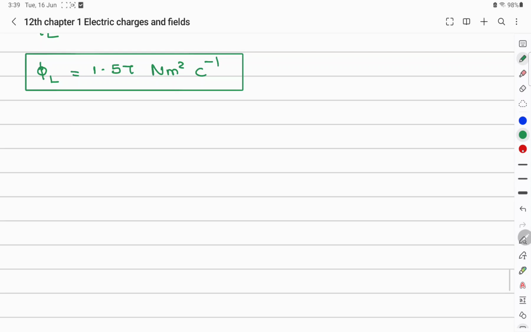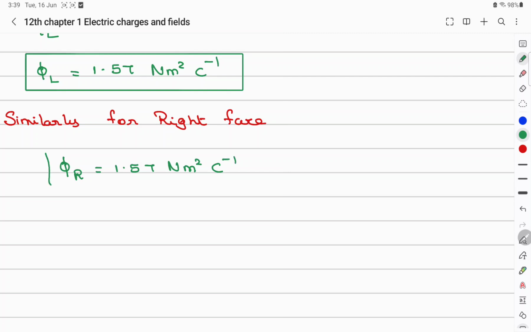Similarly for the right face we get the same value. For the right face, phi of R is equal to 1.57 Newton meter square coulomb inverse, because the values for the left and the right face are the same.